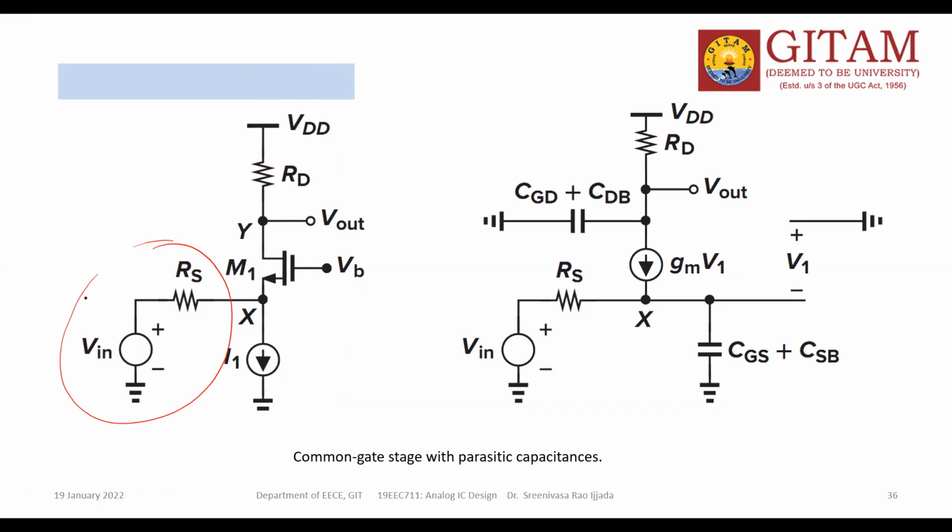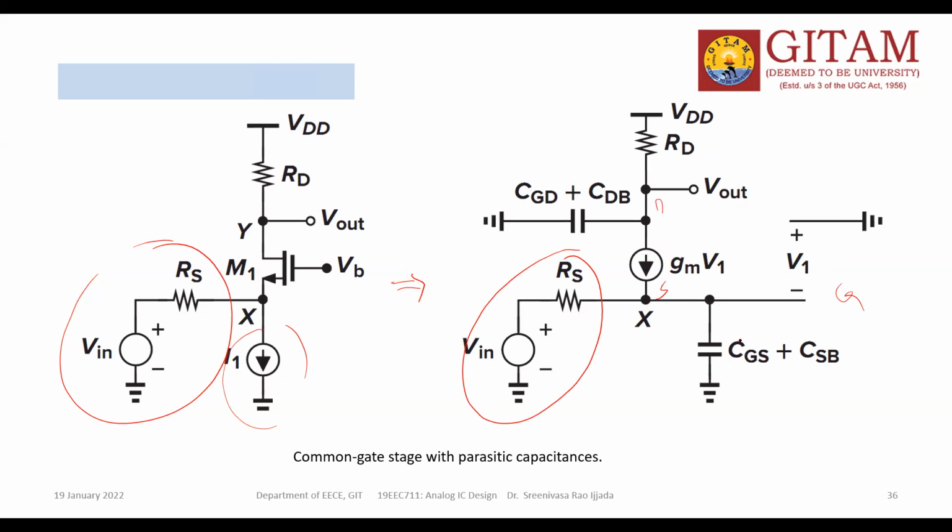Okay. So now I am going to draw the equivalent circuit of this common gate stage, including the parasitic capacitances. Whatever the four capacitances we have been discussing from the beginning of this frequency response chapter. This is the source with source resistance. I think this is the current source which can be open, no problem. This is the source, this is the drain, and this is the gate.